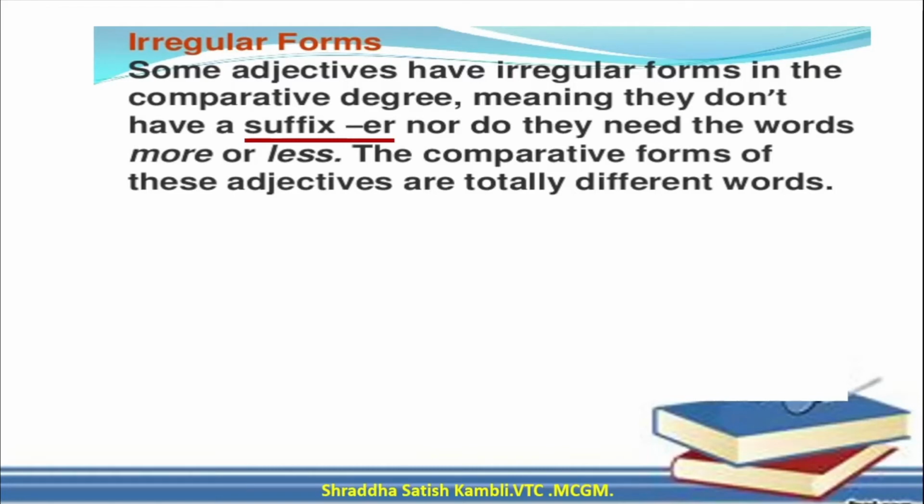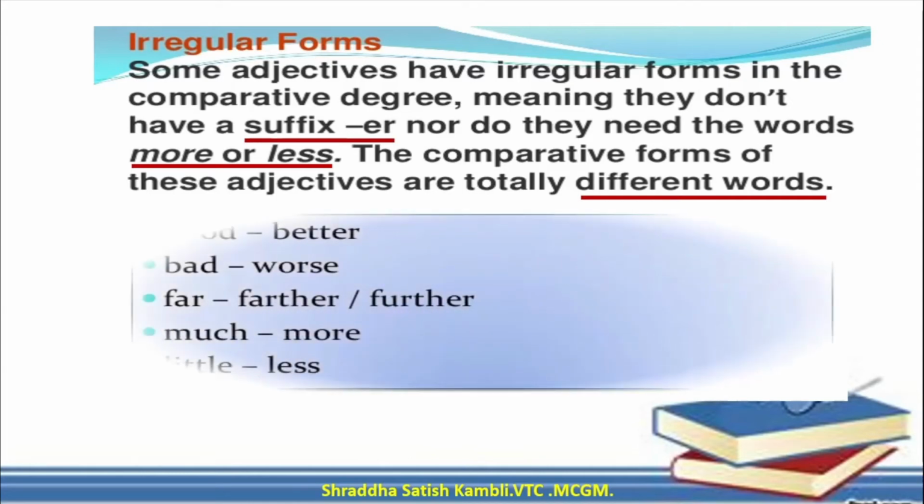The comparative forms of these adjectives are totally different words. Okay, so see, like good became better. So better is a totally different word compared to good. So these are examples of irregular adjectives. Why? Because the comparative form and the superlative form are totally different words as compared to the base word. Okay, let us look at some examples, you will understand better.